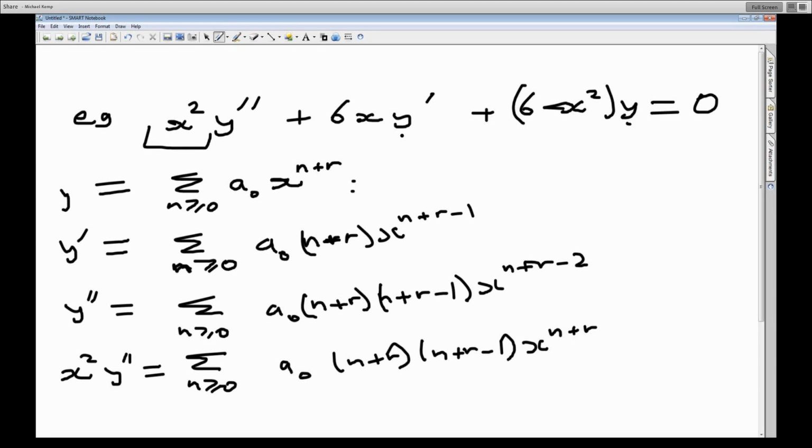You can do the same sort of thing if you multiply x y dash. It's the same sort of idea. That's why I suppose my ditto mark. All that's doing is adding 1 to the power, so the minus 1 and the plus 1 cancel out. So they look pretty nice.